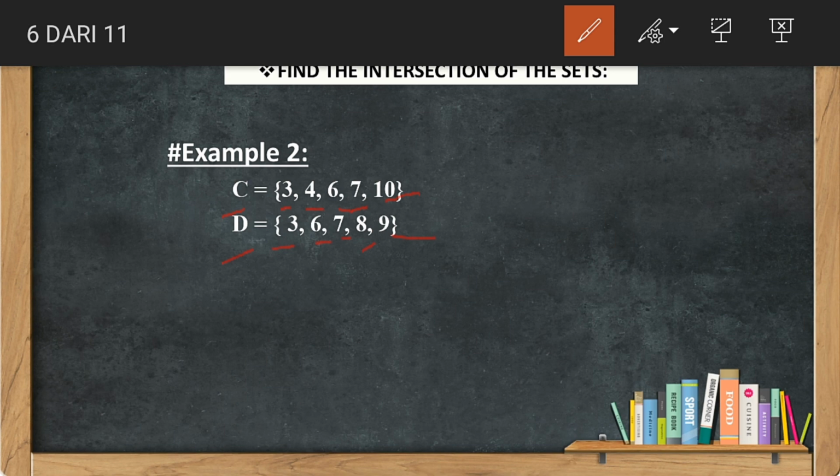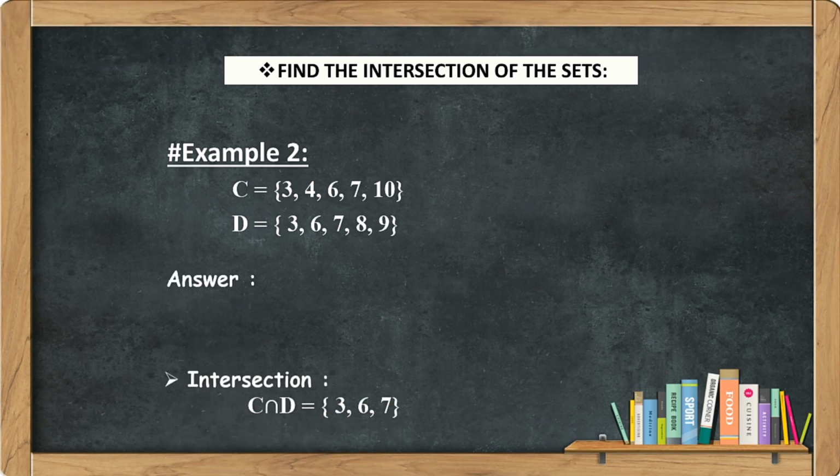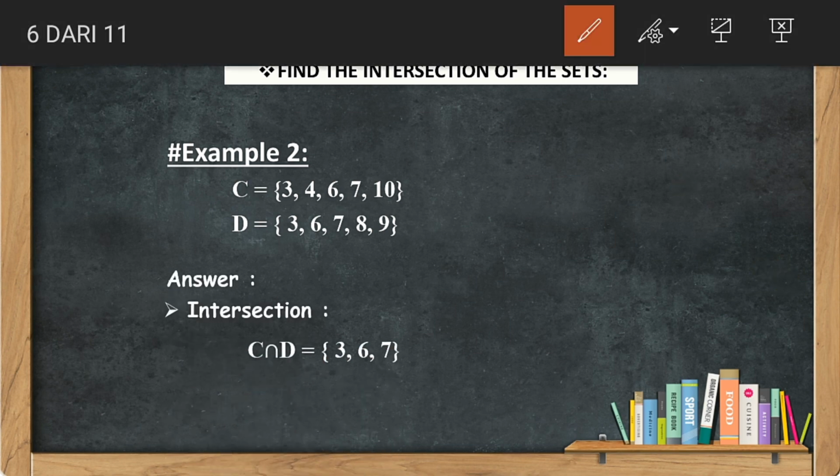Determine the intersection of sets C and D. Which elements are common to both sets? 3, 6, and 7.